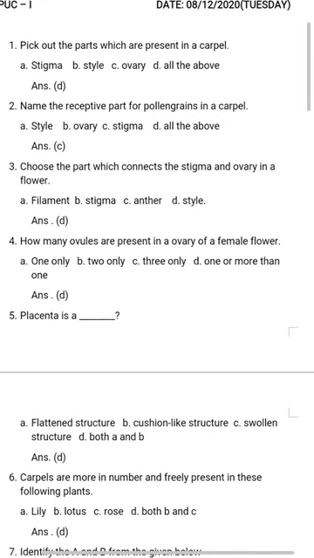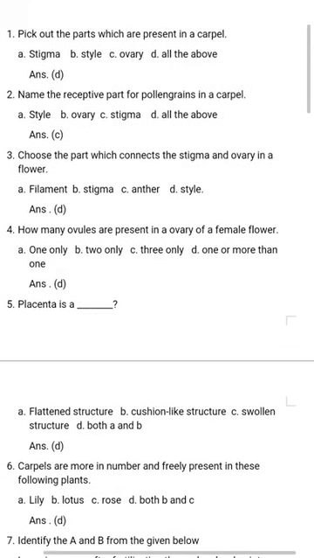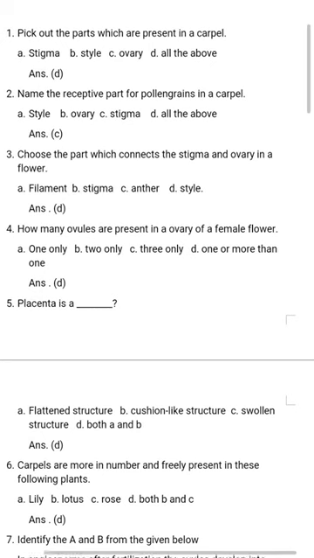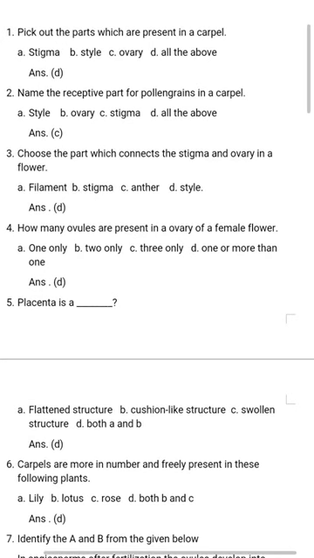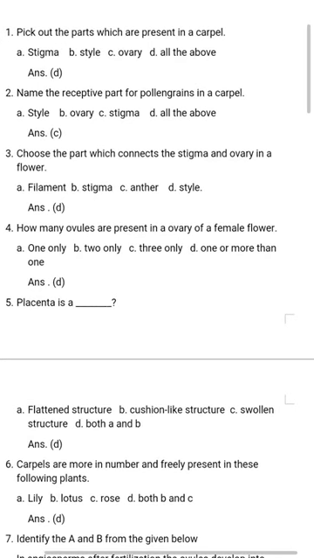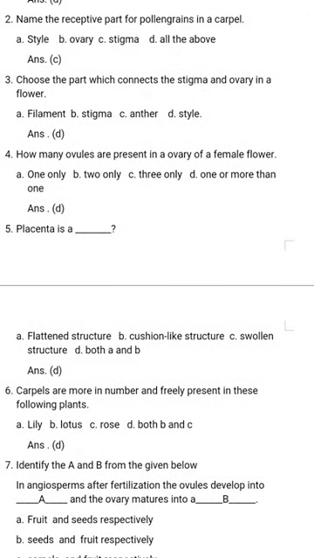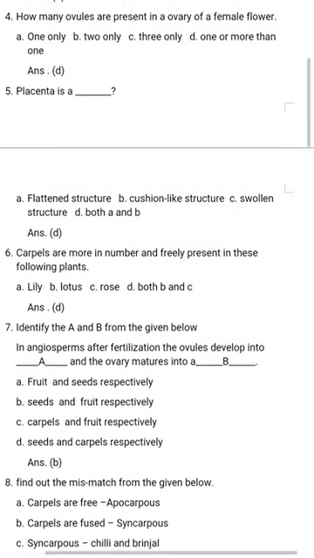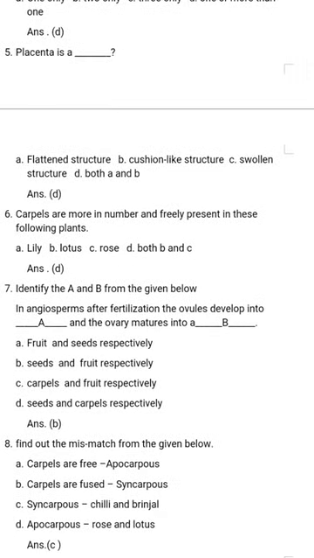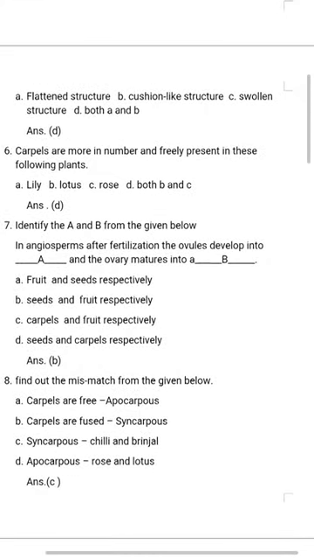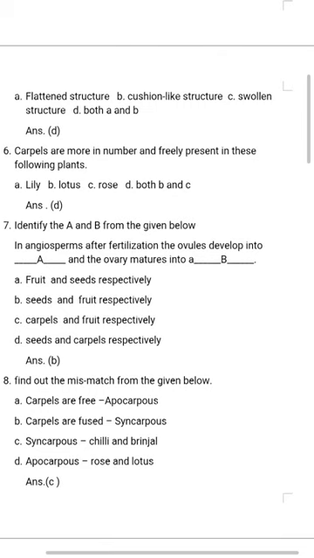So now moving to the fifth question. You need to identify the correct option for placenta. Option A, flattened structure. B, cushion-like structure. Option C, swollen structure. Option D, both A and B. So the correct option for this question is option D. Why?